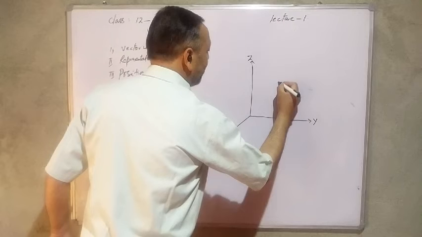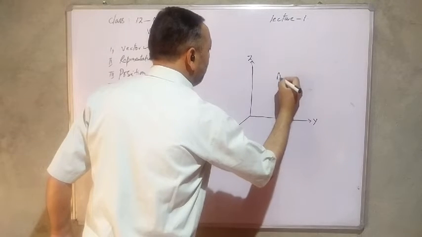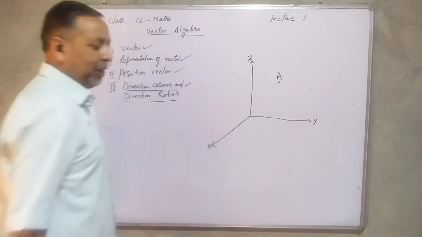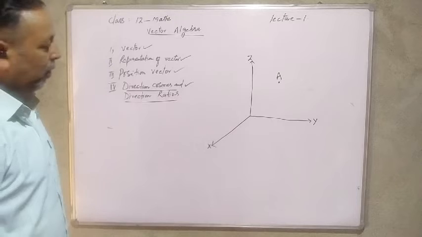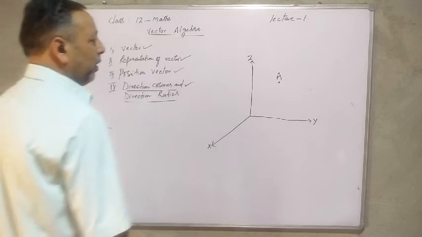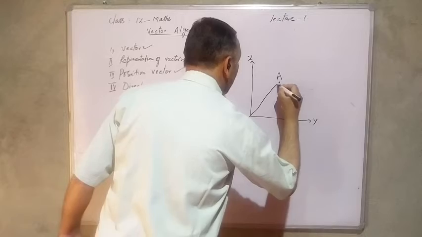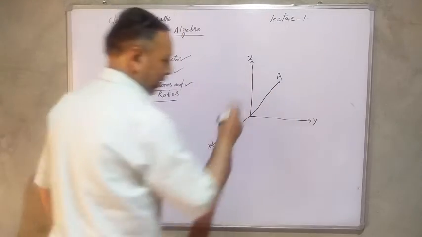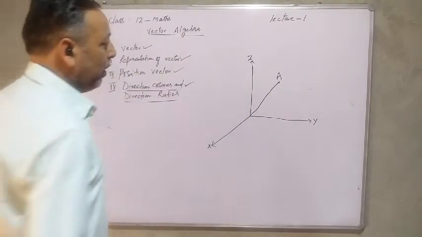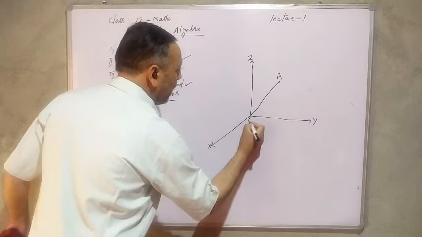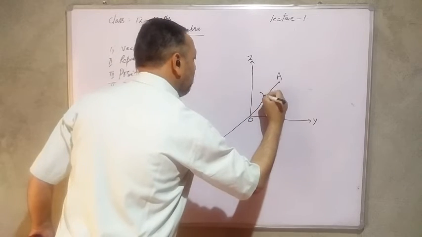Now, let A be a point in this 3D coordinate system. Then what is OA? It is the position vector of A. Let the length of this position vector of A be R.